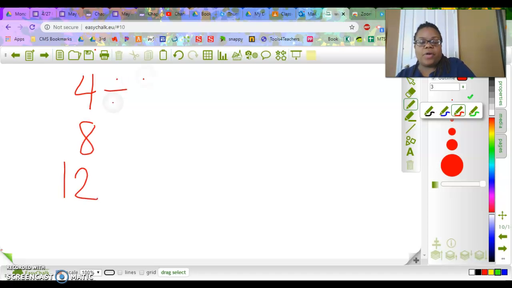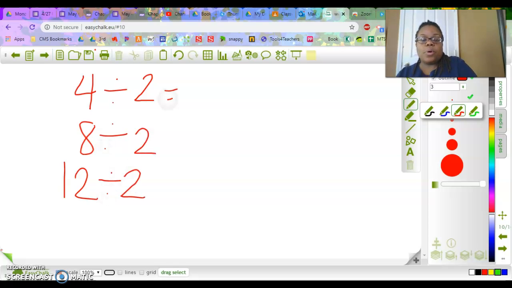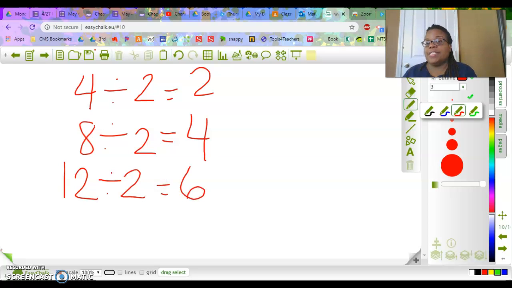I need to half all of those, divide it into 2. 4 divided by 2 is 2. 8 divided by 2 is 4. 12 divided by 2 is 6. So if it's true, that means my 8 column should say 2, 4, and then 6.